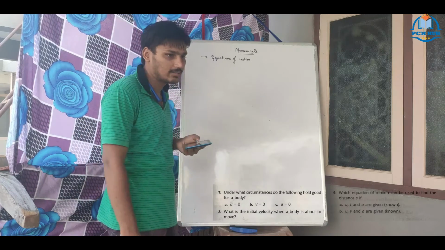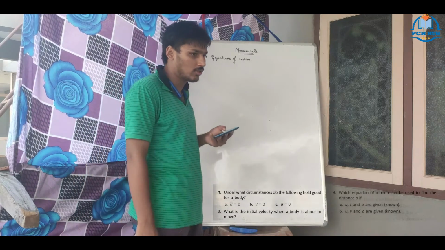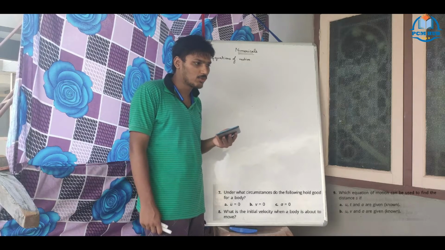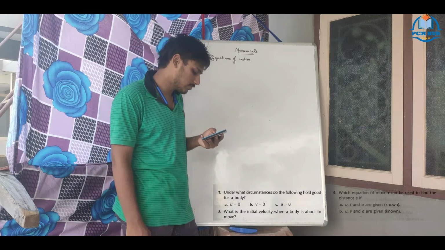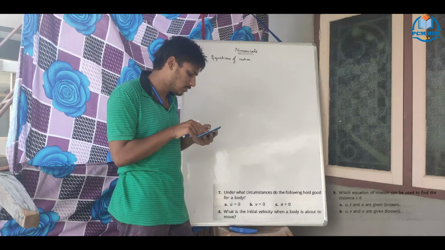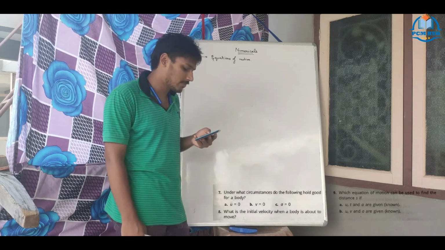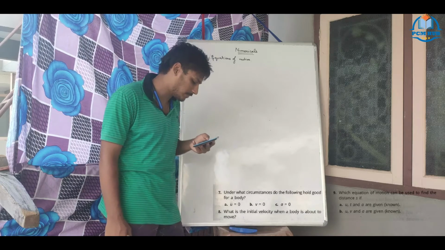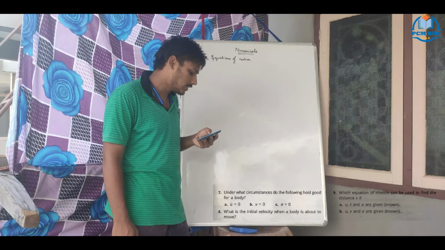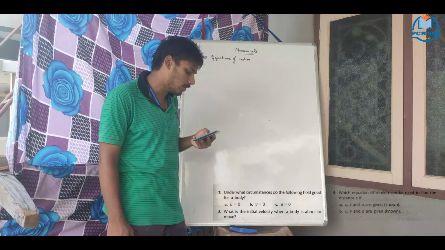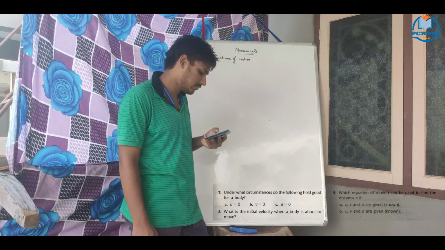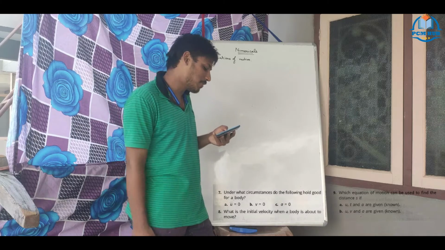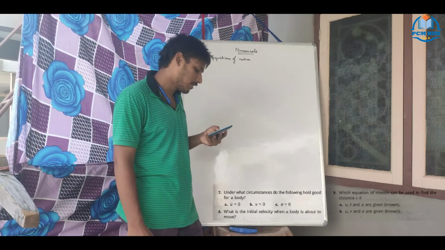When acceleration is equal to 0, it is moving with uniform velocity, so there will be no jerks. Whereas u equal to 0 means it is starting from rest, and v equal to 0 means coming to rest. What is the initial velocity when a body is about to move? Correct. From rest to movement, so u equal to 0.